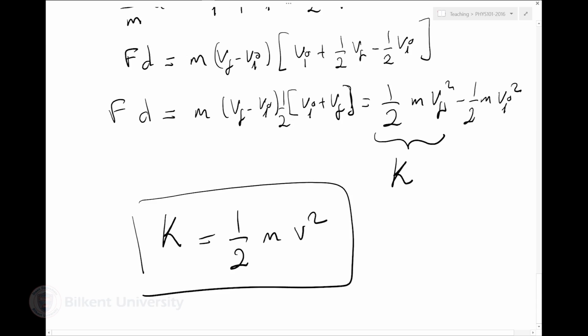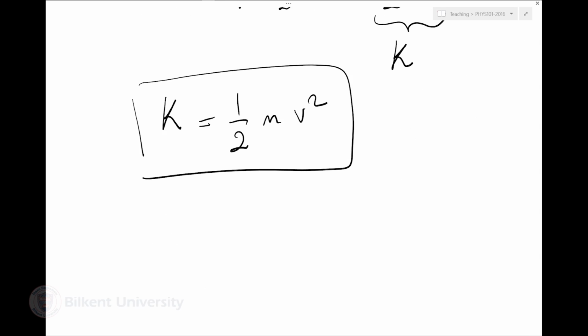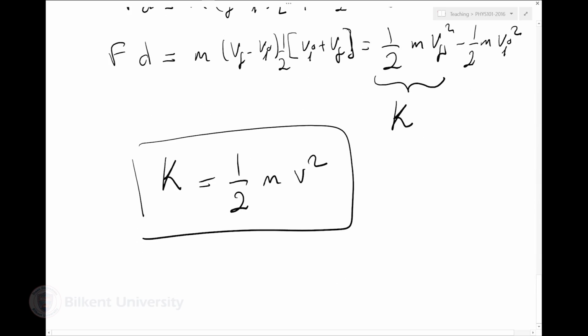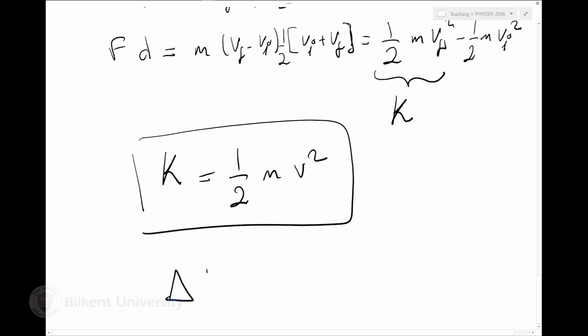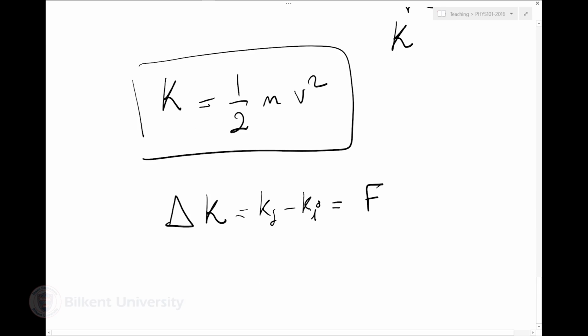And here we've actually found something, at least in one dimension. If I'm moving in one dimension, it seems that the change in my kinetic energy, so my final kinetic energy minus my initial kinetic energy, is apparently force, if I'm applying a constant force, times the distance that force was applied.